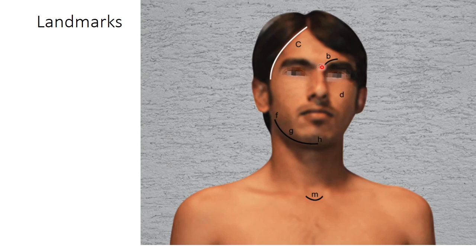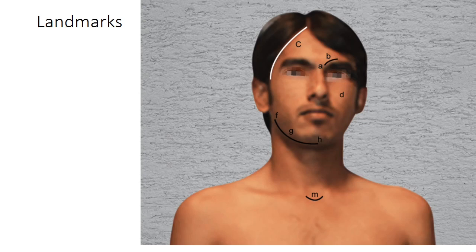First, A, that is the glabella, the area between the eyebrows. Then B, the superciliary arches, which are the prominences on the medial side of the eyebrow. Then C, the hairline, the border of the growth of hair on the scalp and the temple.